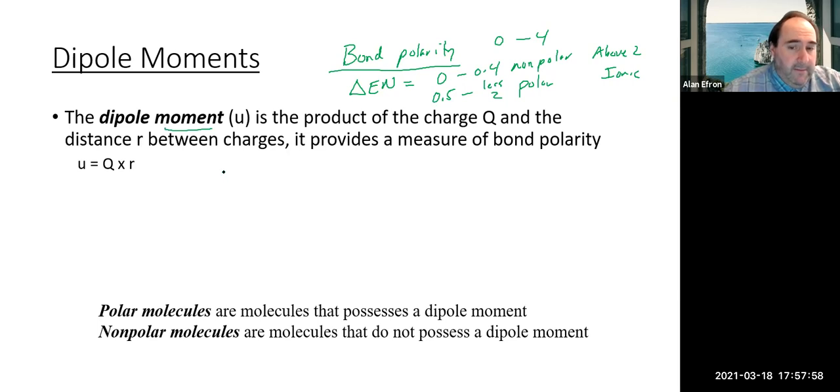And a dipole moment is displayed kind of the same way as those bond dipole arrows. You'll typically have a bigger arrow, a dipole moment arrow, and it still means the same: where it points is more negative in the molecule, and where it makes a plus sign on the back end would be more positive in terms of the molecule as a whole.